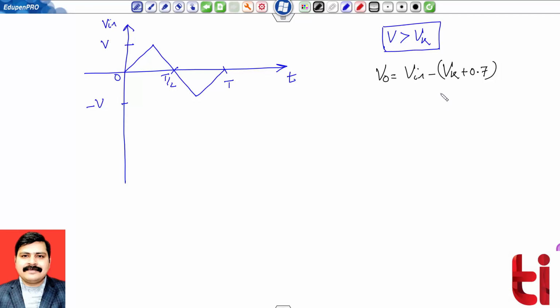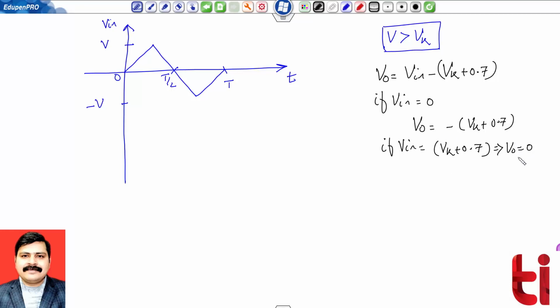So if V in equals 0, that means V naught will be equal to minus Vk plus 0.7, and if V in equals Vk plus 0.7, that means my V naught will be equal to 0, corresponding to this situation.